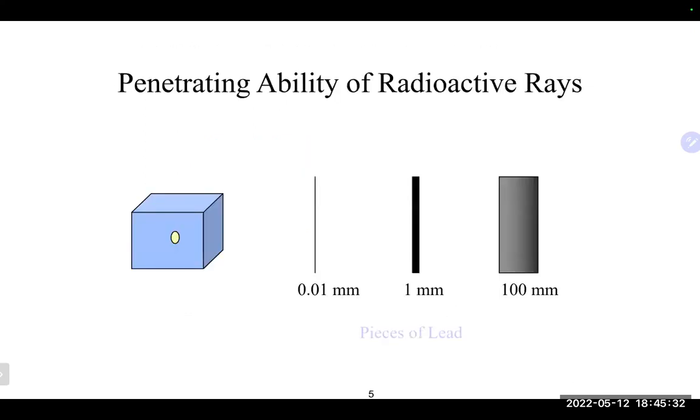Now, different particles penetrate, for example, lead further than others. So alpha particles only go 0.01. Beta particles penetrate a little bit further, and gamma particles keep going. So if you ever find yourself working with radioactive material, you should always figure out what type of emitter it is and make sure that you use the proper protection.